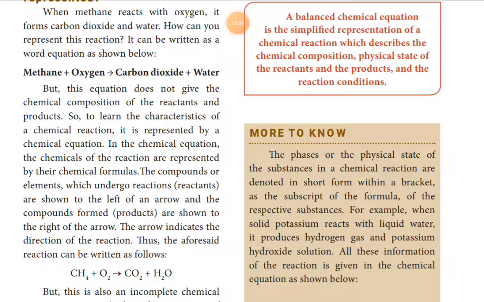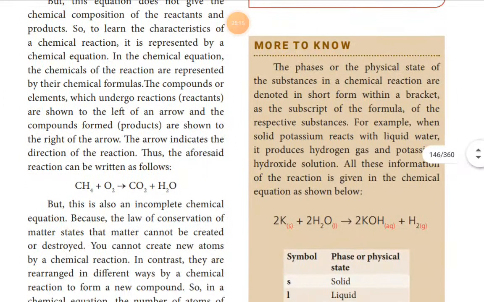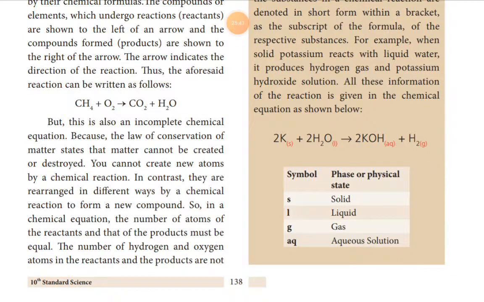Solid is S, liquid is L, hydrogen gas is G, and aqueous solution is AQ. Potassium is a solid, water is a liquid, and potassium hydroxide is formed, dissolved in water as an aqueous solution. So these phases are represented using the subscript of the formula: S for solid, L for liquid, G for gas, AQ for aqueous solution.